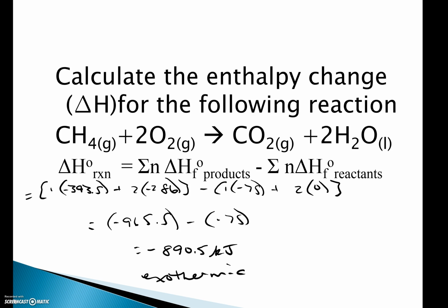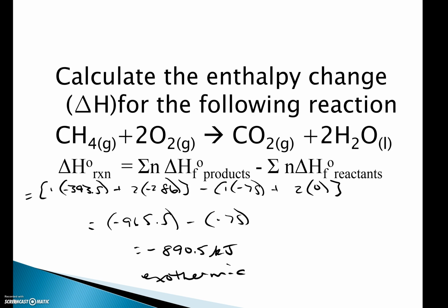All right, so we're going to take 1 times the enthalpy of formation of carbon dioxide, which is negative 393.5. We're going to add to that 2 times negative 286, which is the enthalpy of formation of liquid water. And then we're going to take 1 times negative 75, which is the enthalpy of formation for methane, plus 2 times 0, which is the enthalpy of formation of oxygen.